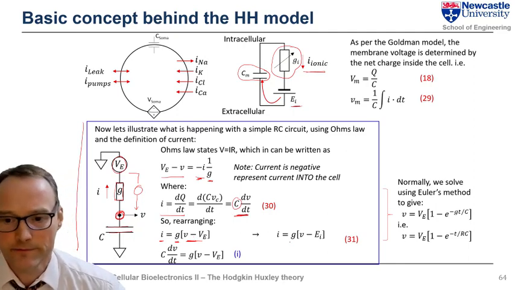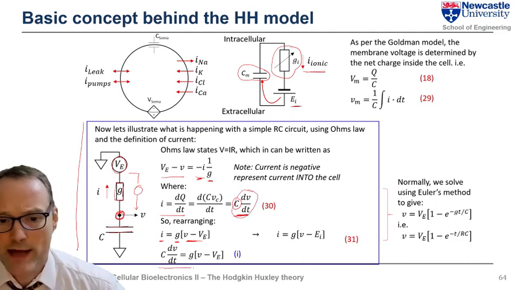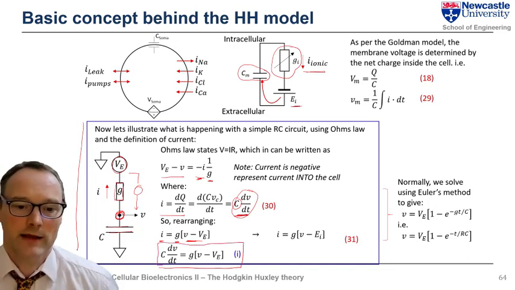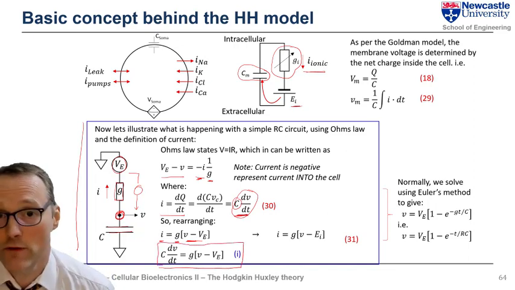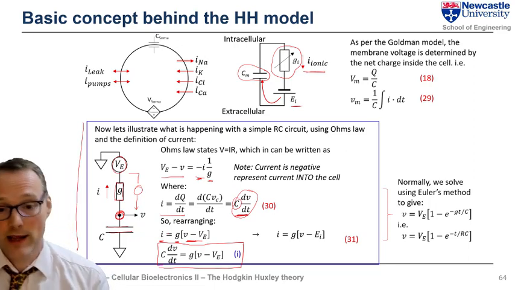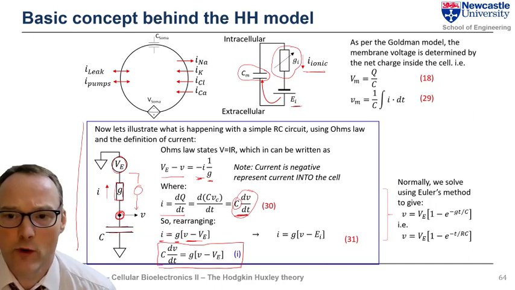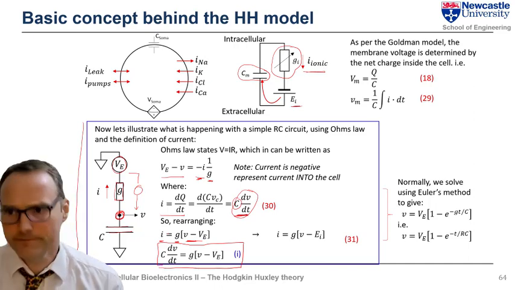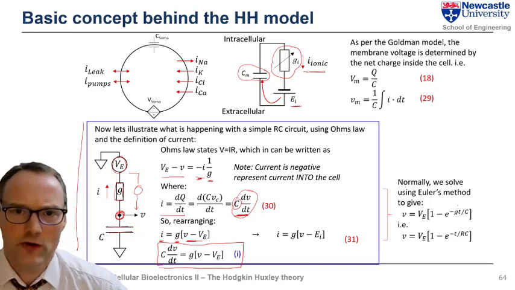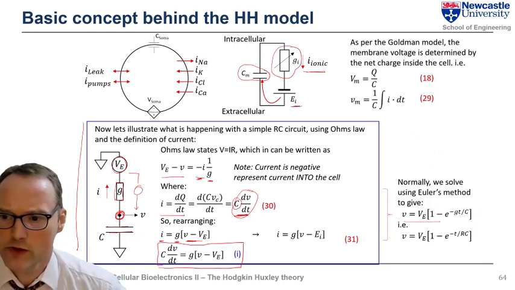And if you then bring in this relation, you end up with something that looks like this, where the change in voltage over time over that capacitance is equal to the conductance times the differences in voltages. Now, you can start using Euler's method and you'll get some kind of solution that will look like this.